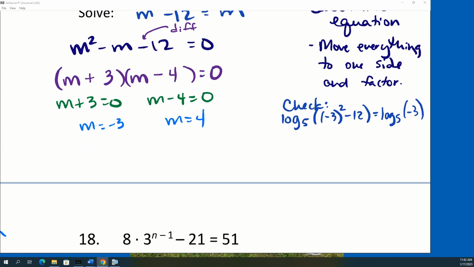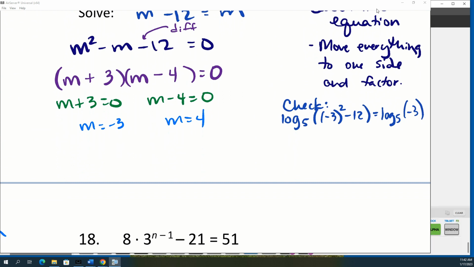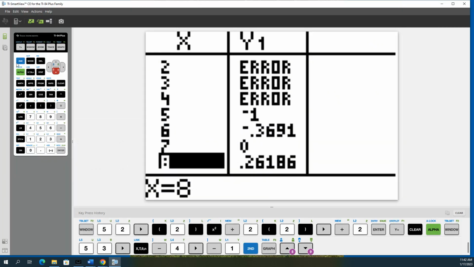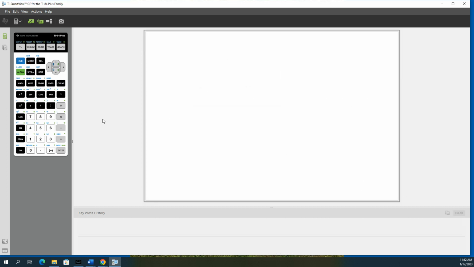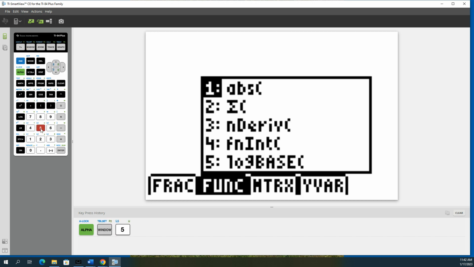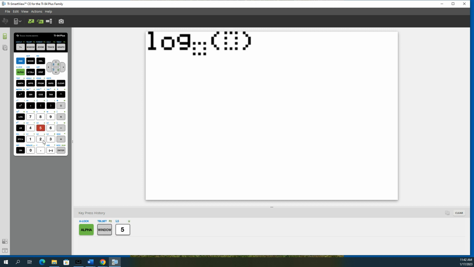So we'll start with negative 3. All right, so log base 5. And then we're just putting in what I just wrote.